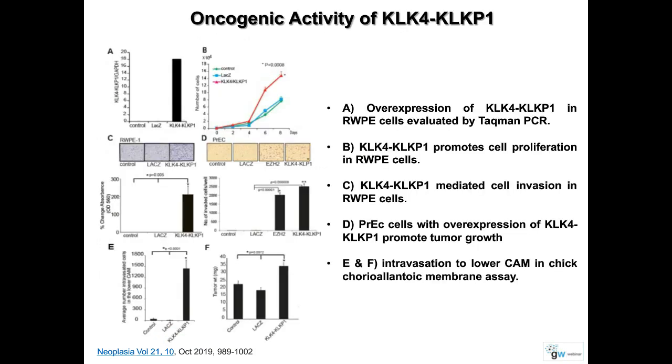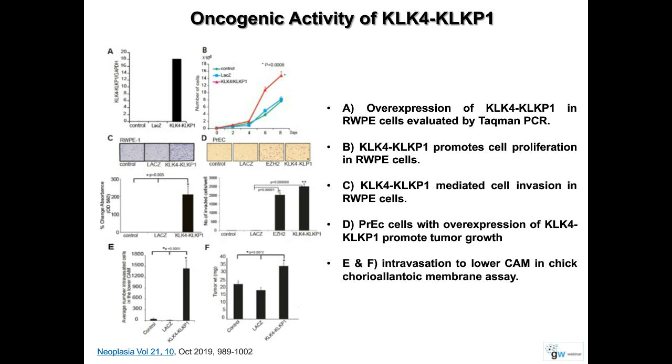Since we know that this fusion transcript is making protein, we wanted to show whether this fusion gene is oncogenic. So we did invasion and proliferation assays using the RWP and PREC cells, and we show that overexpression of this fusion gene in RWP and PREC cells shows increased proliferation and invasion.